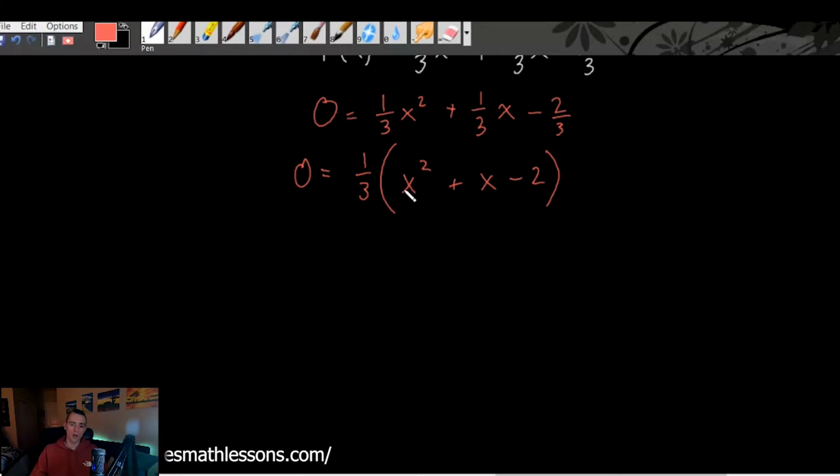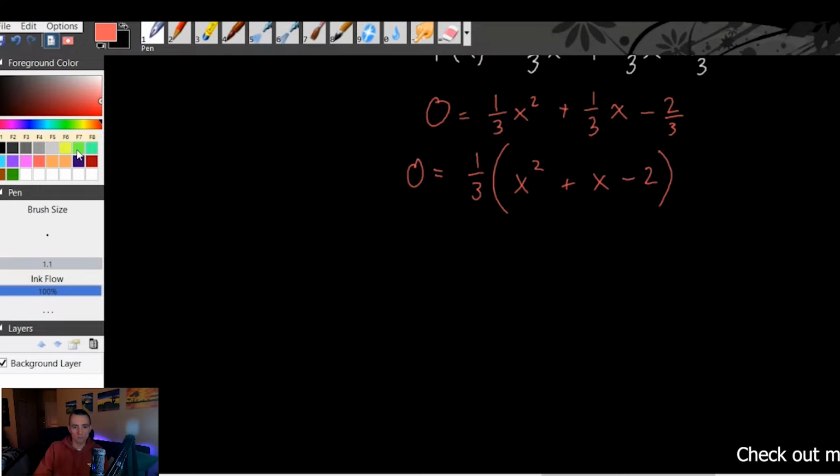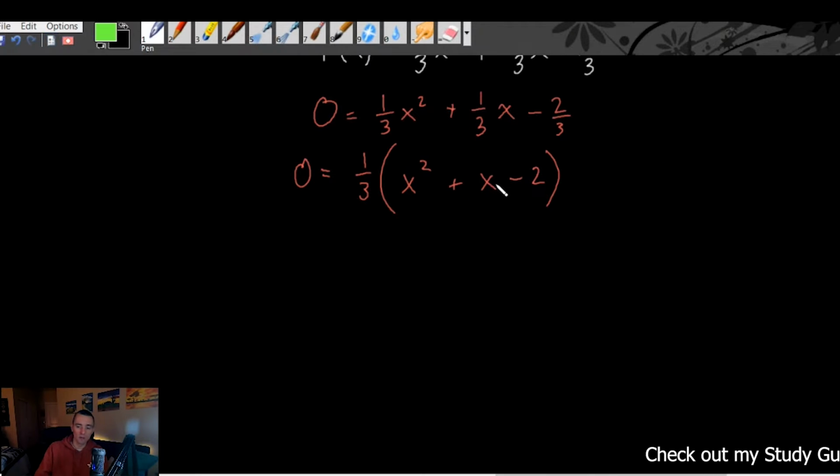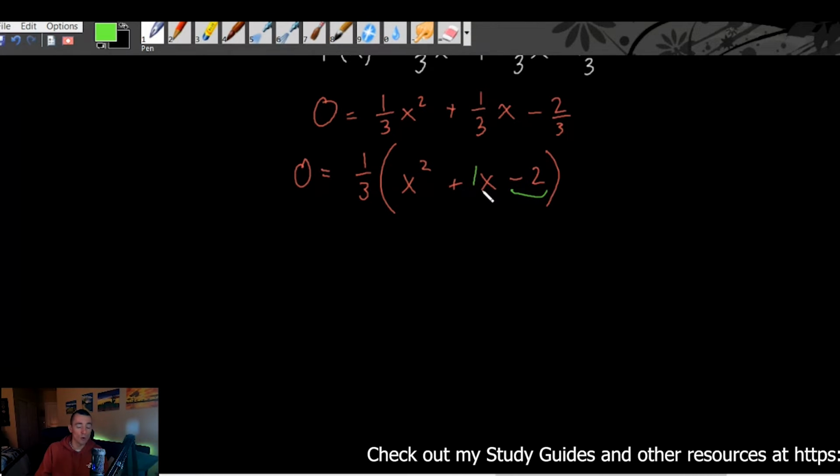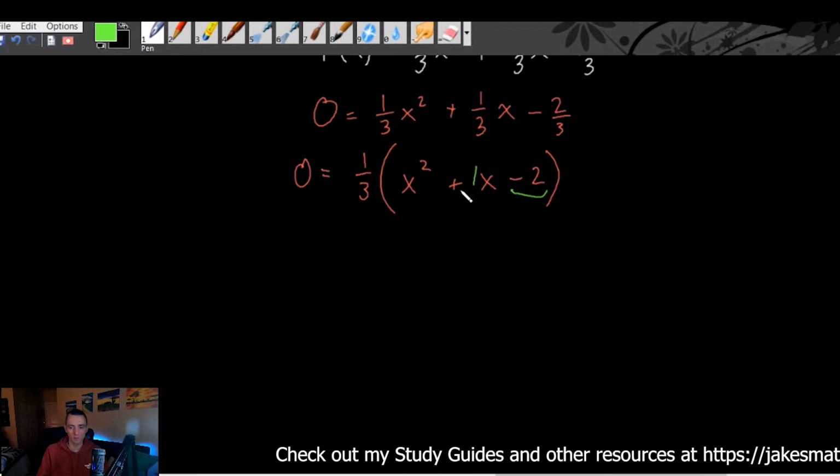Really, whenever the coefficient of your x squared term is just 1, or in other words, you don't have a coefficient, the 1 is just implied, you really just have to think about a list of numbers that will multiply to whatever this number is here and add to whatever your coefficient of your x term is. If there's no coefficient, it's implied that it is 1.